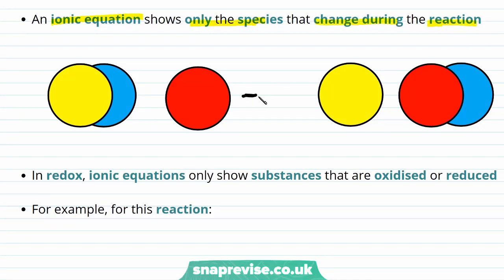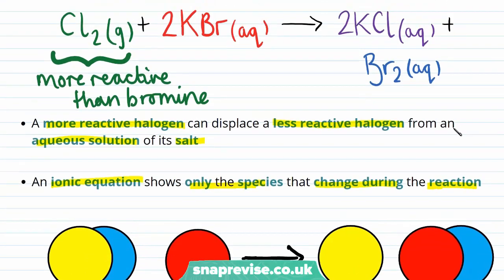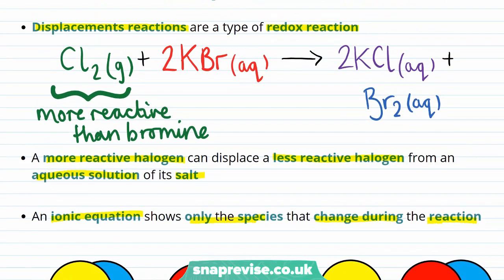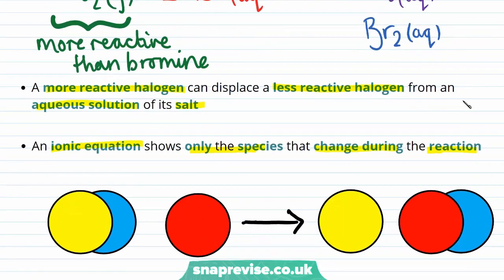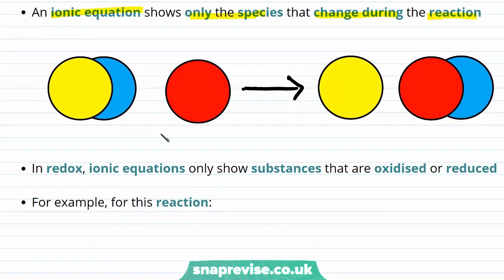For example, if this diagram represents our reaction, our blue circle represents our potassium, which is in the form of a K+ potassium cation, both in the reactant, potassium bromide, and also in the product, potassium chloride. This species is unaffected by the redox reaction. It exists as a K+ cation before and after the displacement.